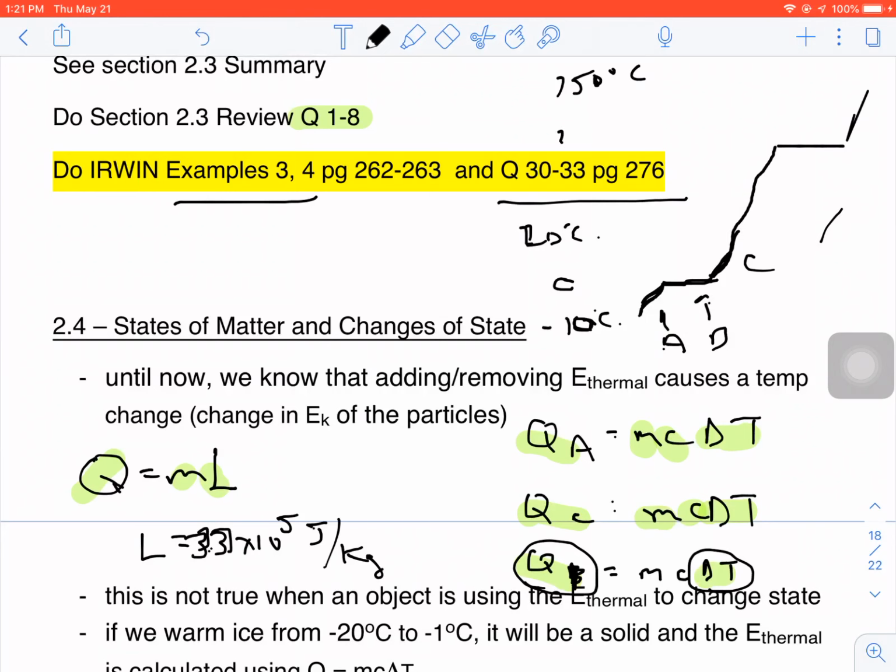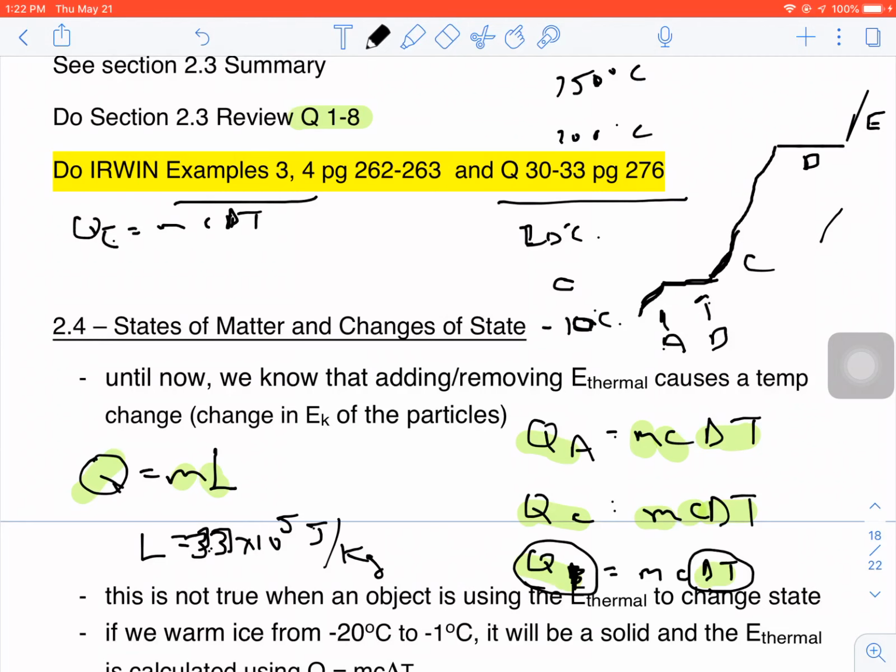Noticing that at 100 degrees Celsius, I had something else going on here, D. And then in E, I would have a Q equals mc delta T again. So I can go back and I can calculate Q for E, which is mc delta T.